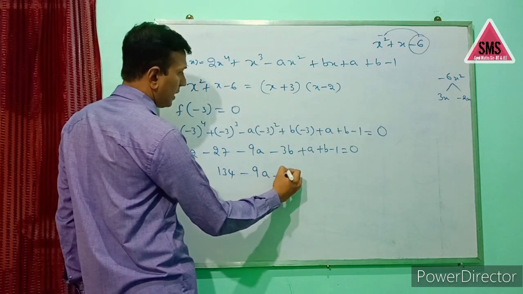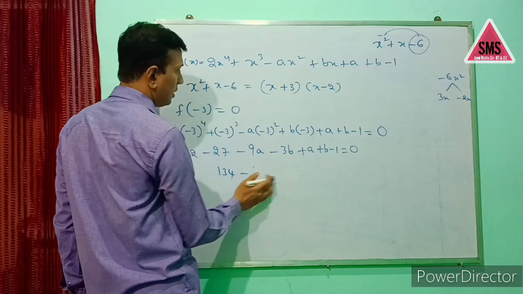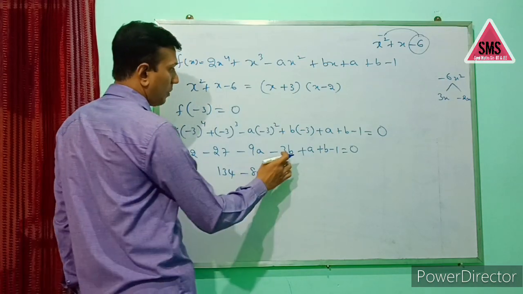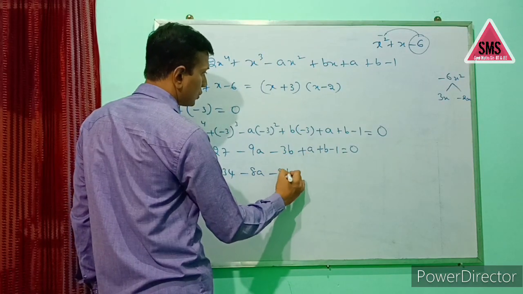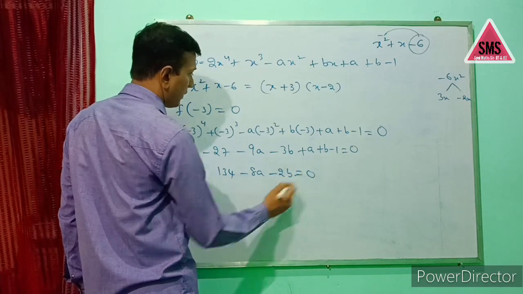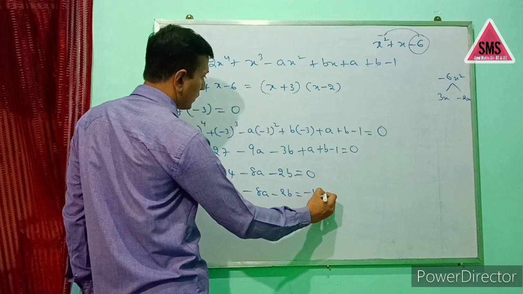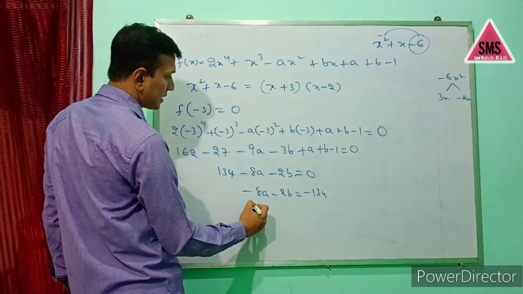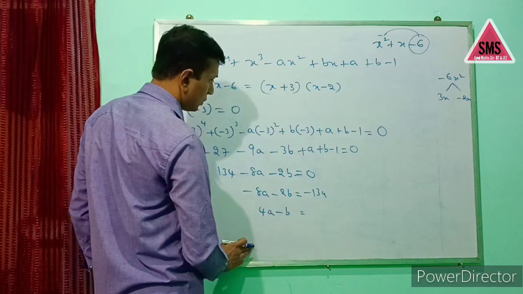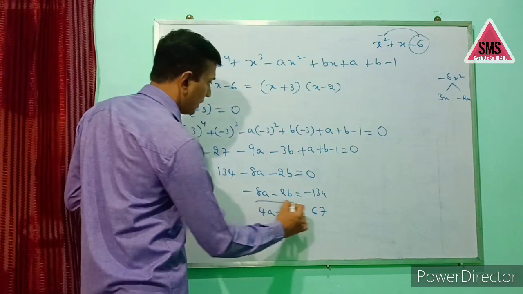Minus 9a minus 3b. Let us directly add like terms: minus 9a plus a is minus 8a, minus 3b plus b is minus 2b. So minus 8a minus 2b is equal to minus 134. Minus is common and 2 is also common, so we can write it as 4a plus b is equal to 67. So this is one equation.